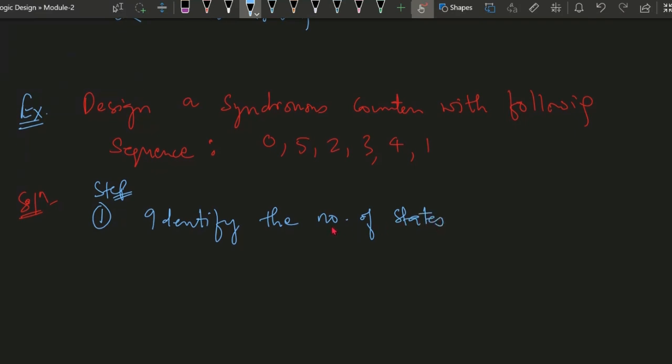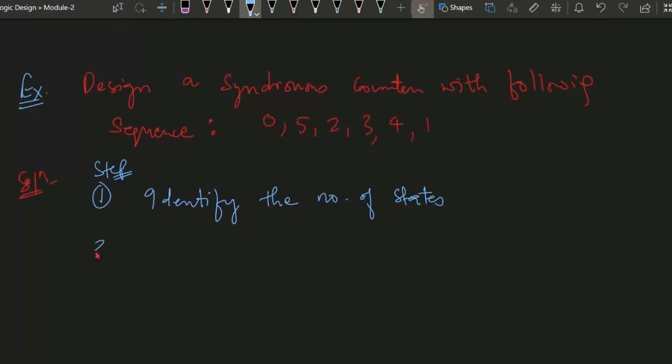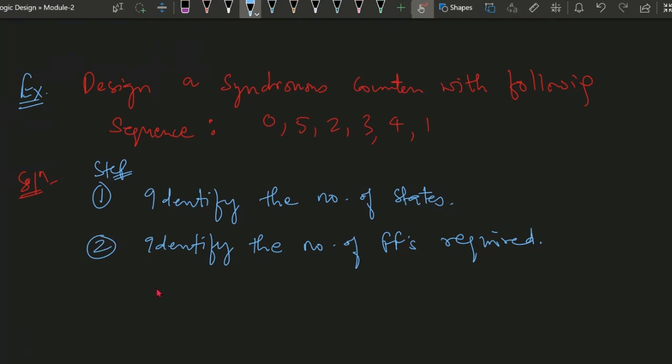How many states are given in the question, we need to identify. Once you have identified the number of states, now we need to identify the number of flip-flops required.